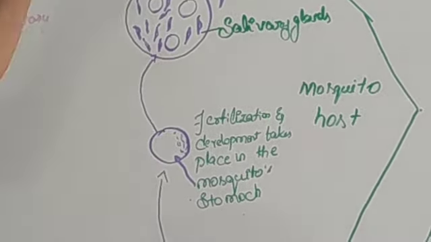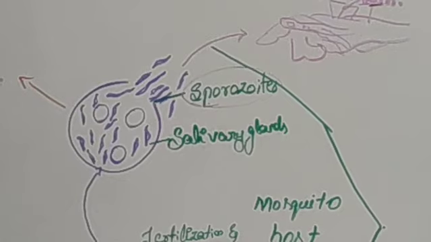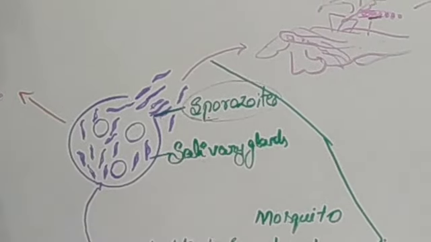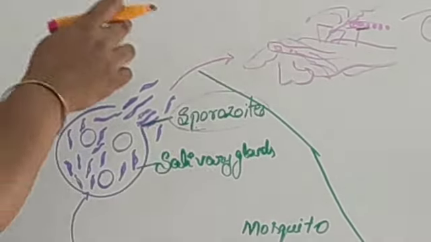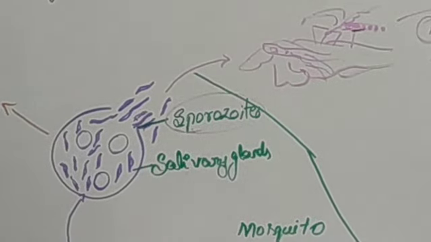Now you know what sporozoites are: the fertilized product of the male and female gametocytes, which multiplies in the human host. So afterwards, what happens to these sporozoites?